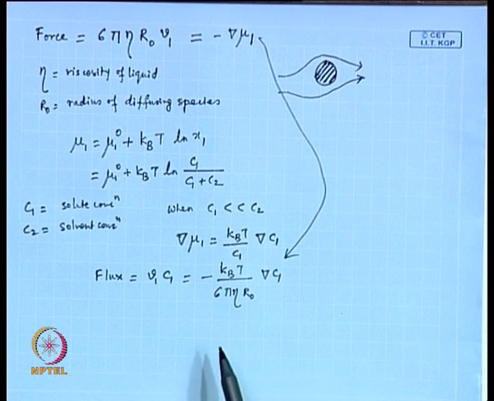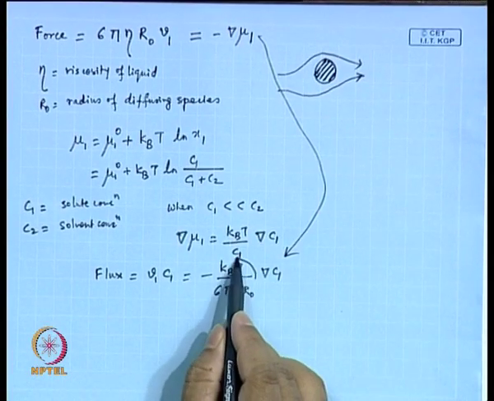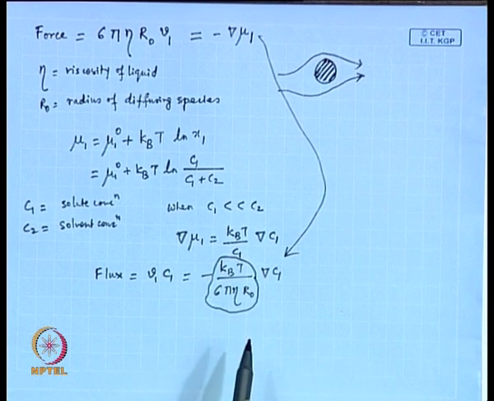All right. So, flux can be defined as this, and you know the definition of flux: flux is D into grad of C1. So, from these you can conclude that this could be the diffusivity of the liquid.